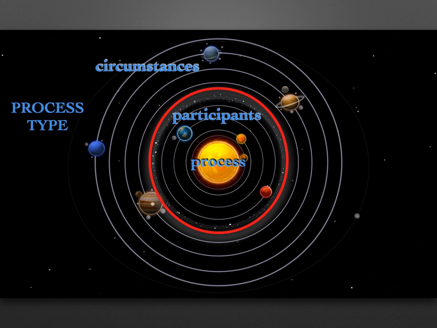And that nucleus or expanded nucleus is the basis for the system of process type. So the system of process type determines not only the nature of the process, but also the number and nature of participants. And we've already seen the semantic analogues of 3 process types: doing and happening, sensing and saying. That's what we'll be exploring when we go further into the system of process type, the different domains of experience.